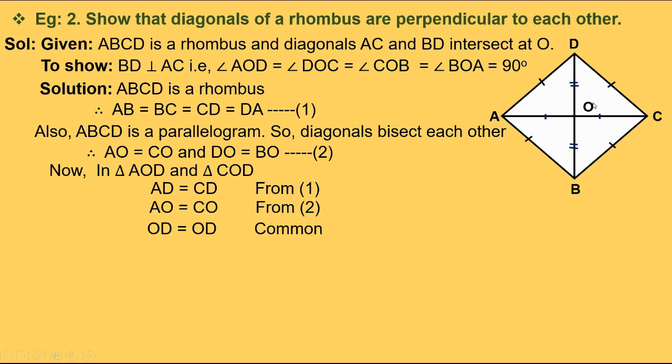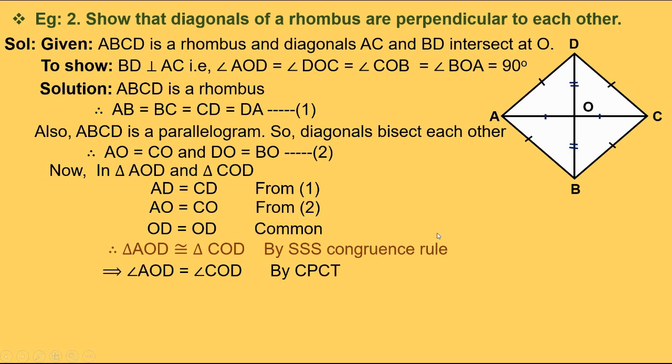So OD is equal to OD, common. Therefore, triangle AOD is congruent to triangle COD by SSS congruence rule. This implies angle AOD is equal to angle COD by CPCT.